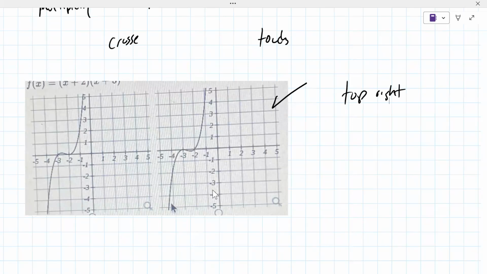What are the instructions for 8, 10, and 12? Factor each completely, and 12 is find all zeros. Okay. 16: describe the end behavior of each function. Got it. So more of the same of what we were doing last night.